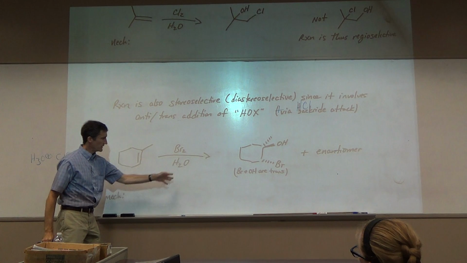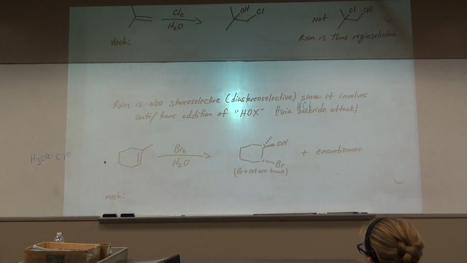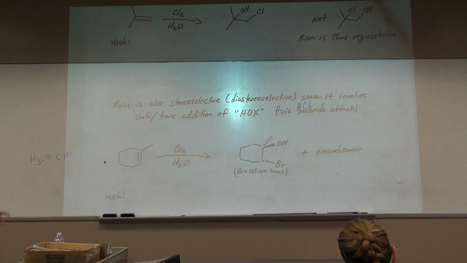Bromine water, what type of product? Halohydrin, or specifically called a bromohydrin. You'll get that product plus an enantiomer.